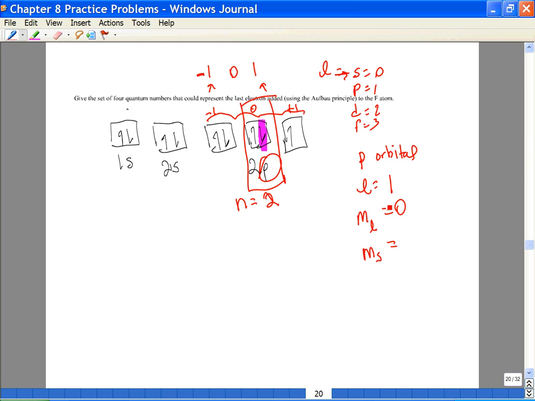Generally, these can be arbitrarily assigned, but this one we'll represent as negative 1/2. So those are your quantum numbers. n is equal to 2, l is equal to 1, m sub l is equal to 0, m sub s is equal to negative 1/2.